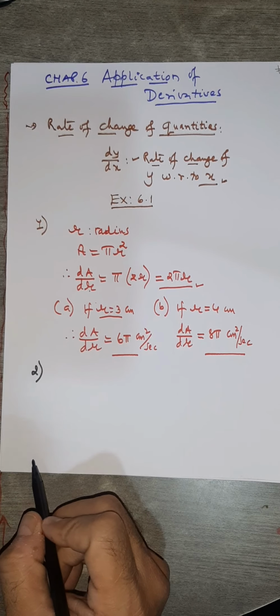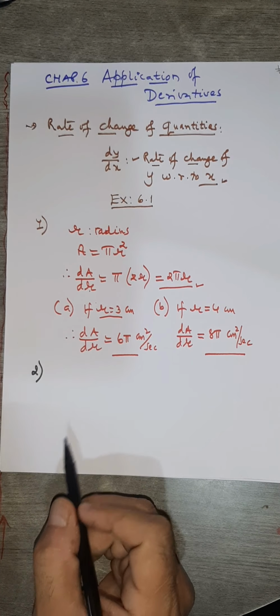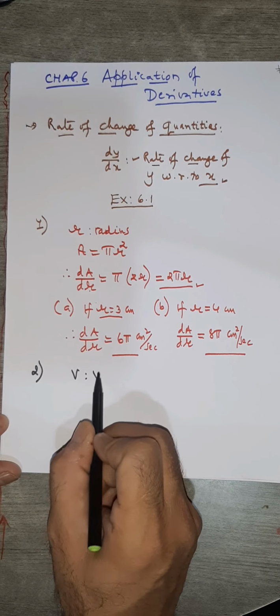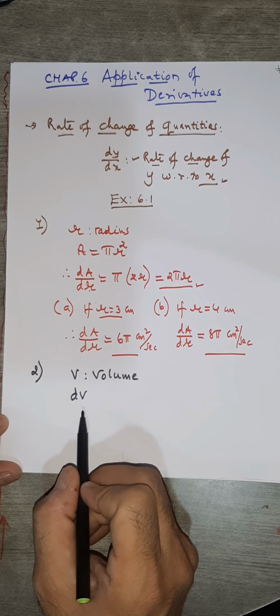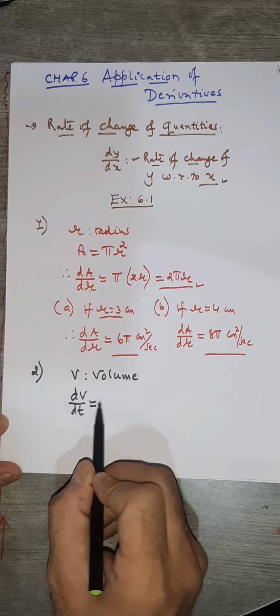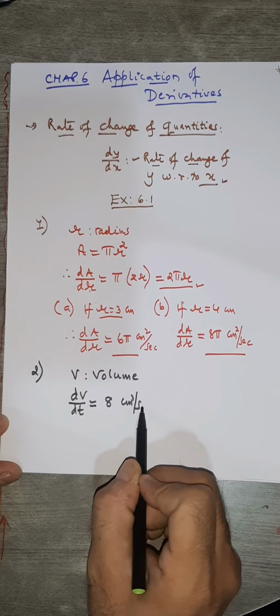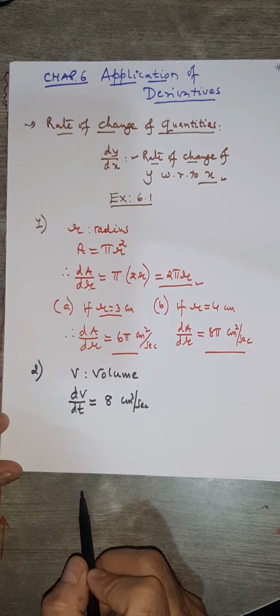Second question: volume of a cube is increasing at this much rate. So let's take V to be the volume. Then the change in the volume with respect to time, dV by dt, is 8 centimeter cube per second. How fast is the surface area increasing?